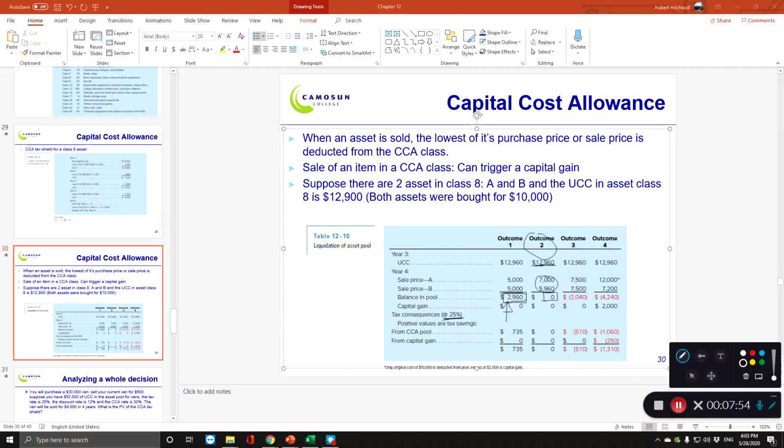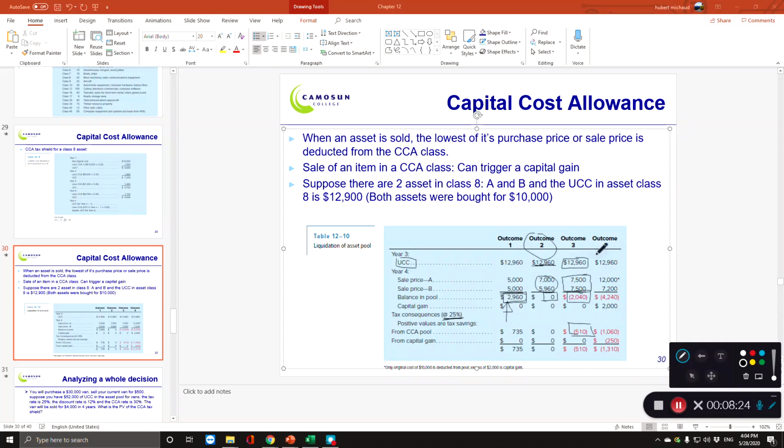Okay, I could also sell my asset for more than my UCC. In this case, I would have to pay on a capital gain. I sold my asset for 2,040 more than the value of the asset as reported by UCC, so I would make a capital gain of 2,040. I would have to pay 25% tax on this, so I would have to pay 510 in tax.